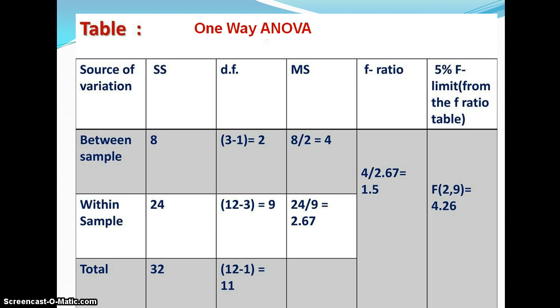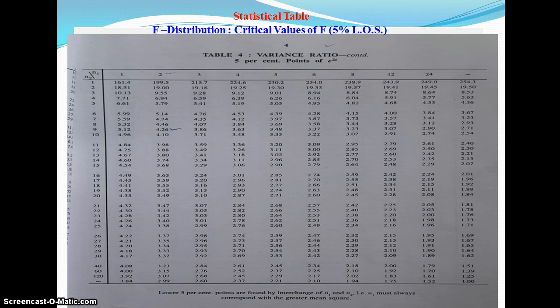Okay, 1.5. We come to the last column, that is the F ratio at 5% level of significance. Here you already calculated degrees of freedom 2 and 9. This value depends upon the statistical table. Here I am taking the F distribution critical value table for 5% level of significance.